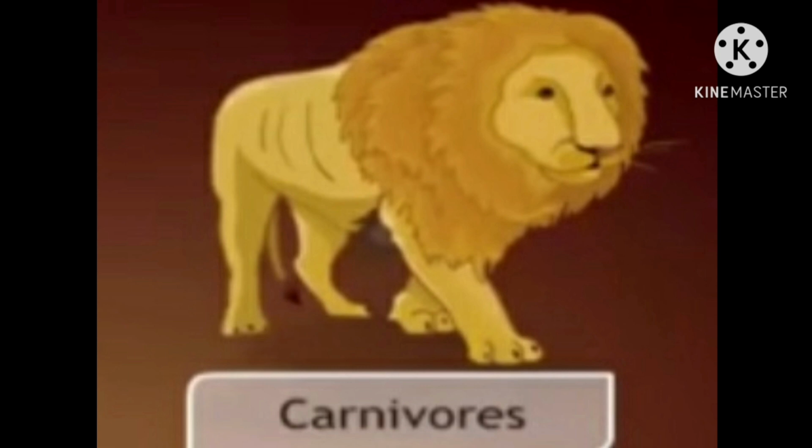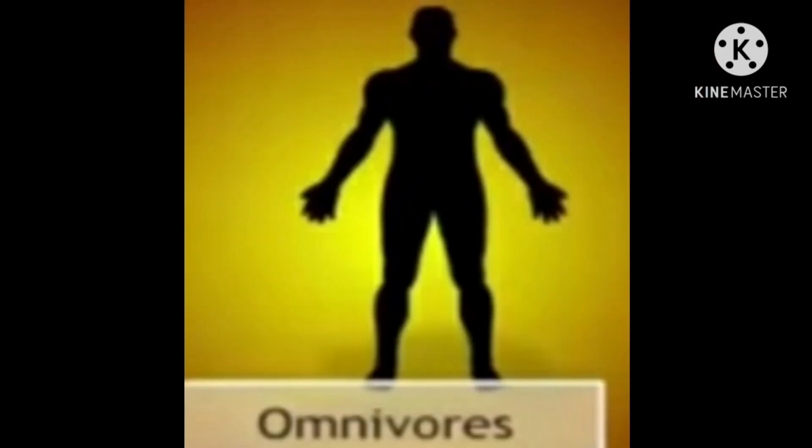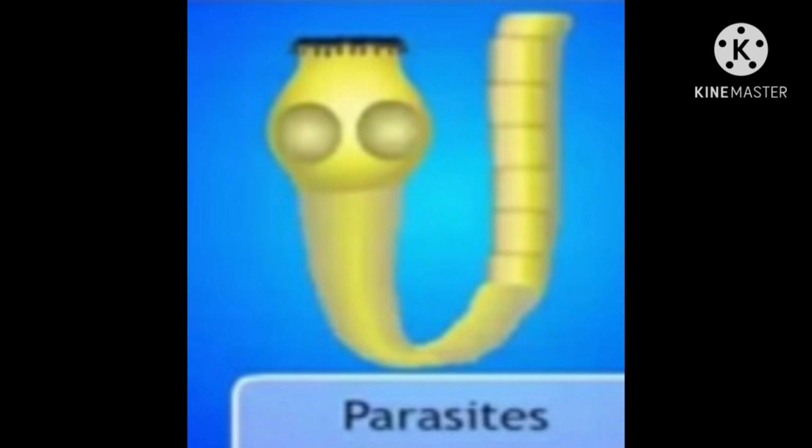Example, snake, hawks, tigers, etc. Omnivores are animals eating both plants and animals. Example, crow, man, etc. Parasites are animals that suck food from living hosts. Example, mosquitoes, plasmodium, tapeworm, etc.